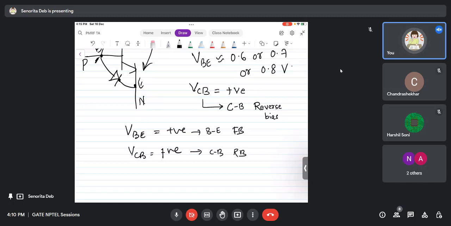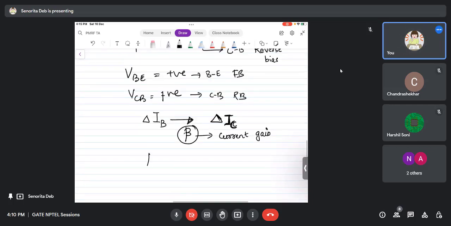In this condition, you will see that any small change in the current IB results in a bigger change in IC, and that change factor is given by beta, which is the current gain. Only in this condition, and therefore this is called the active region.